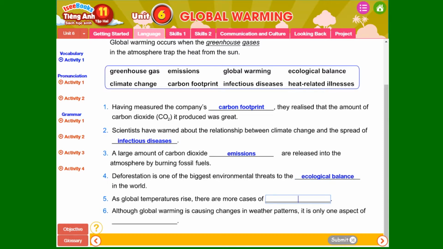As global temperatures rise, there are more cases of heat-related illnesses. And number 6, although global warming is causing changing weather patterns, it is only one aspect of climate change. Now press down on submit button to check your answers.